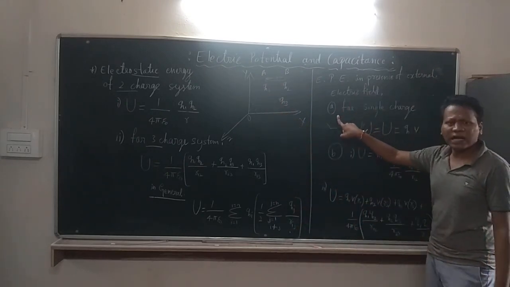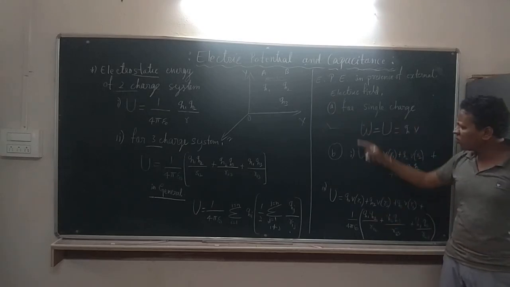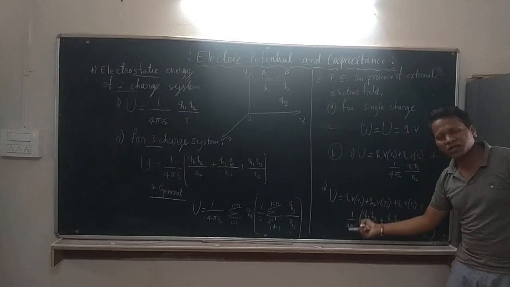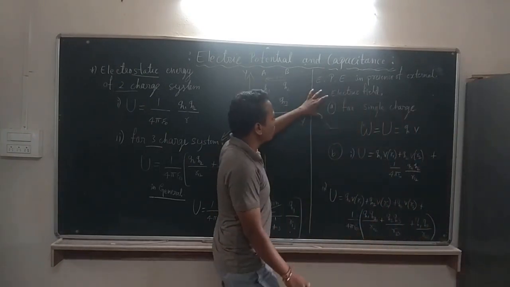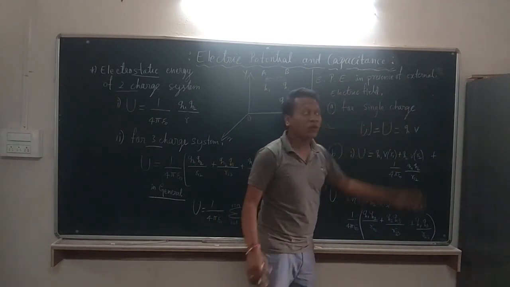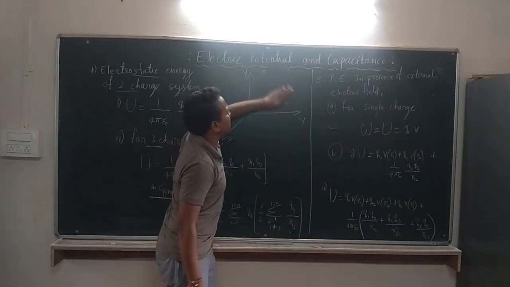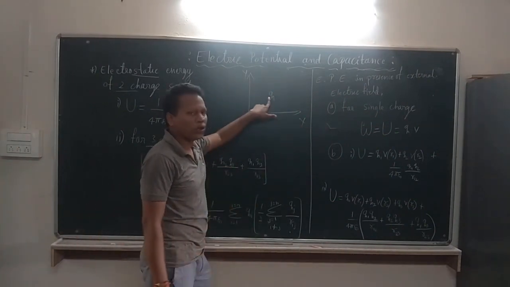Now, first of all I will discuss a single charge, and then I will move to the two charge system, the three charge system, and later we will go for the n number of charge system. Okay, now move on. The first point we discuss is a single charge. Suppose in a space we have only a single charge of magnitude q.